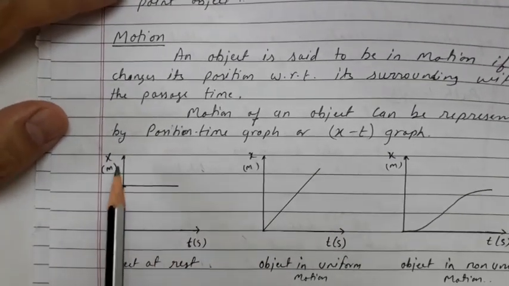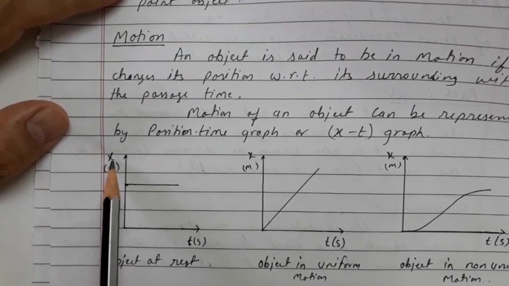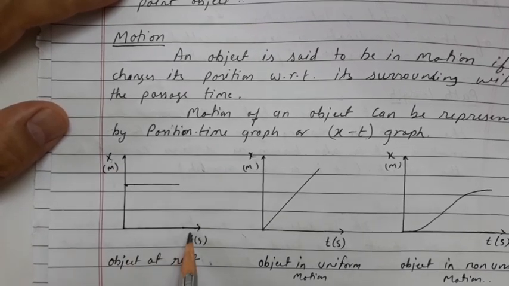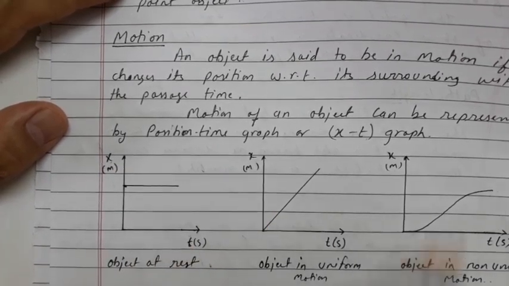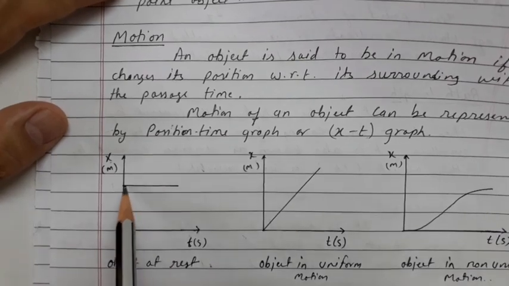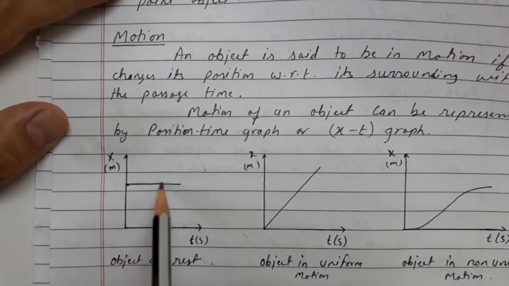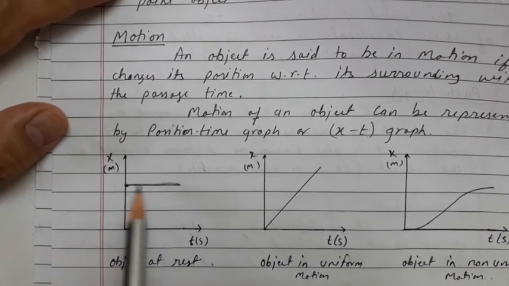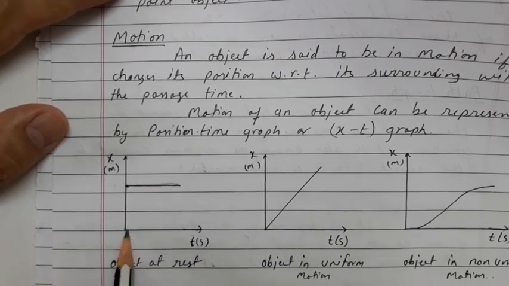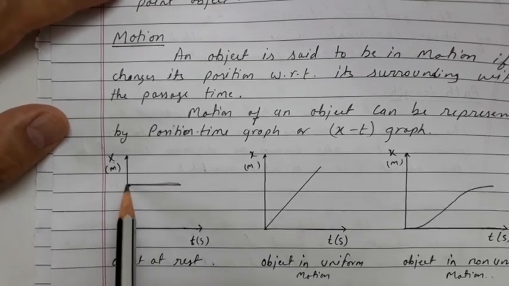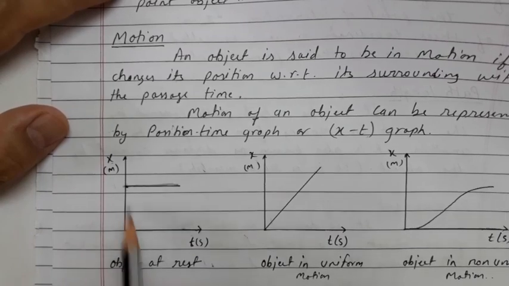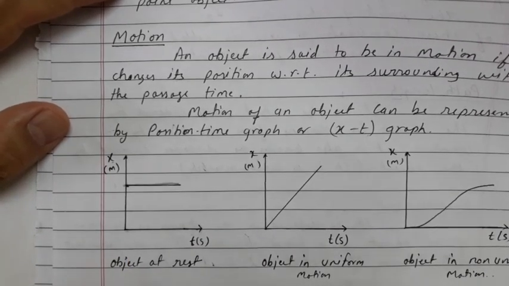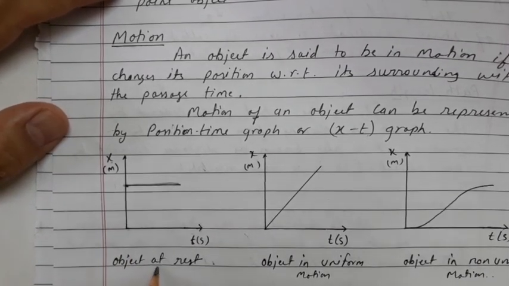Now on the y-axis we have considered the distance, and on the x-axis we have considered time. Here there are three graphs. In the first graph the position is not changing, the distance covered by the object is not changing with respect to time. Time is increasing but the position is the same. So we can say that this type of graph is considered when the object is at rest.